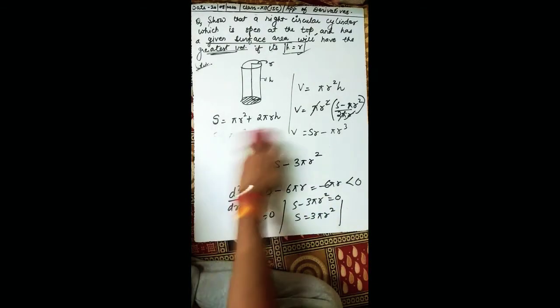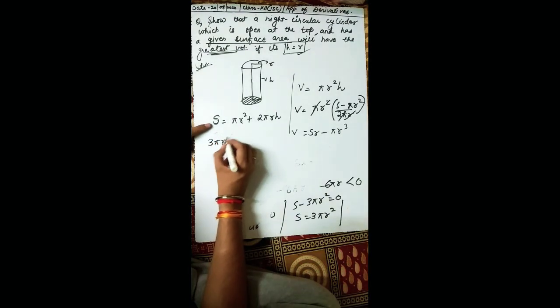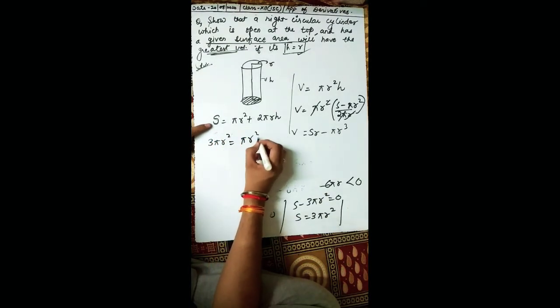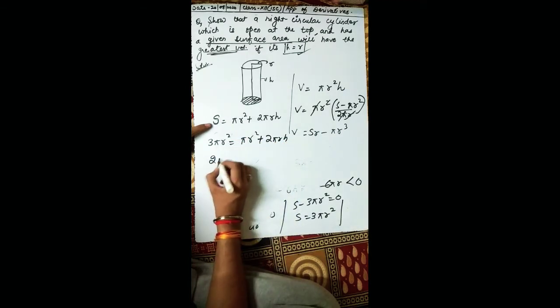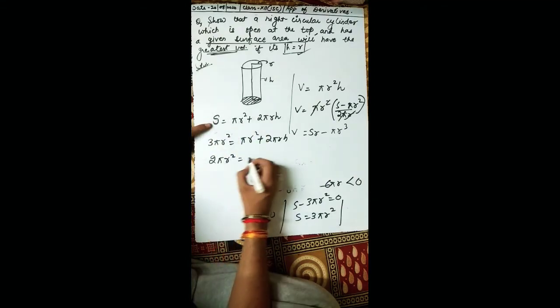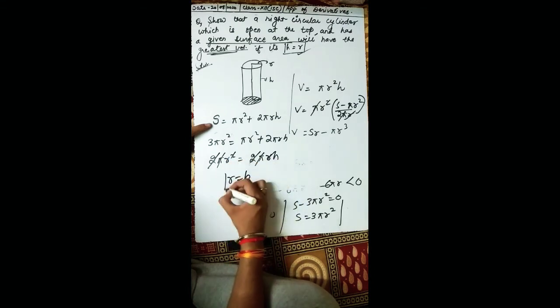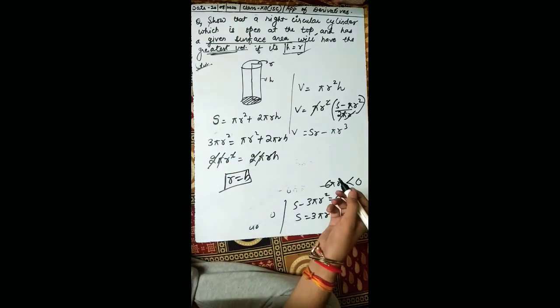So let us put s is 3 pi r square and pi r square plus 2 pi r h. Take pi r square here, so it will become 2 pi r square, because this is 3 times, this is 1 time, so 2 times of pi r square upon 2 to 2, pi to pi, r to 1 r. R is equal to h, hence proved.